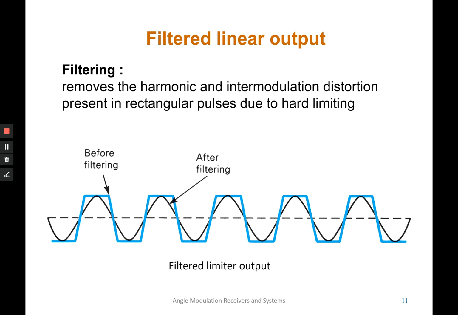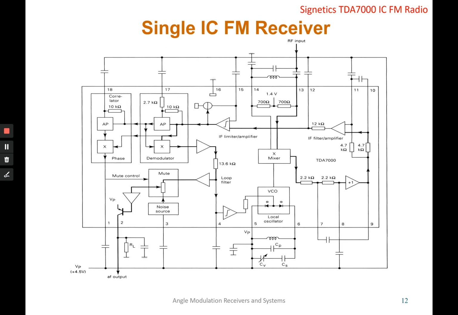So before filtering, the signal might become rectangular pulses, and after filtering, the signal changes to a sine wave or cosine wave. This area is what we want to remove, as it may contain harmonics or intermodulation distortion and become noise to our system.